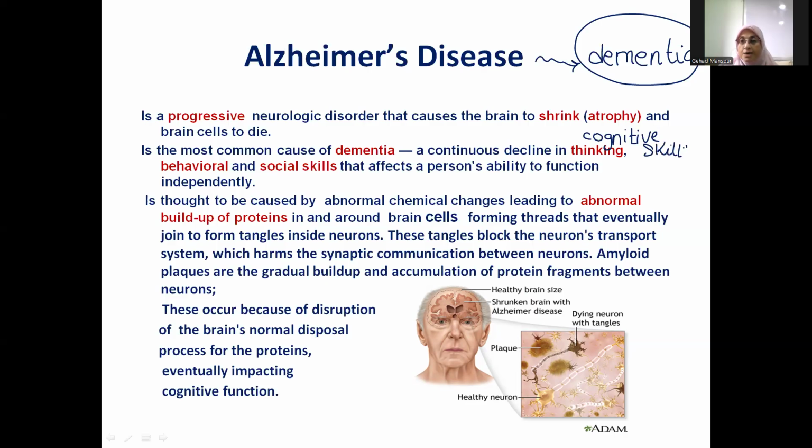Of course, if your cognitive skills, your attention, your logical thinking are affected, and of course your memory, since cognitive skills include thinking but also memory, this will be reflected on behavior.